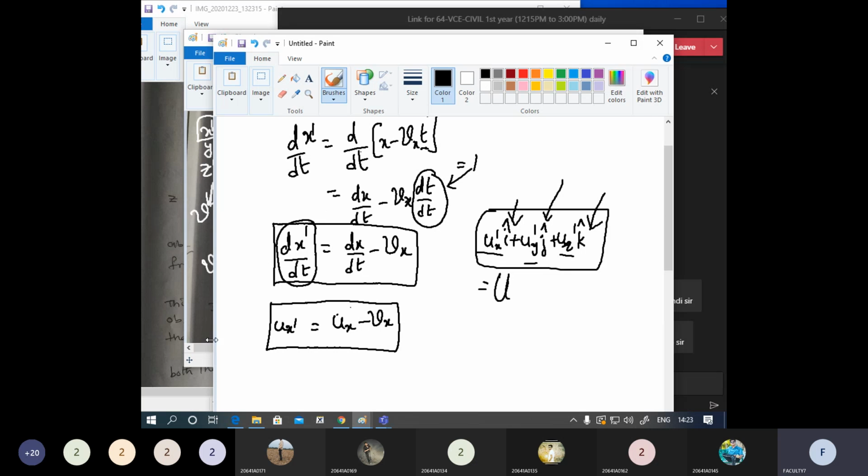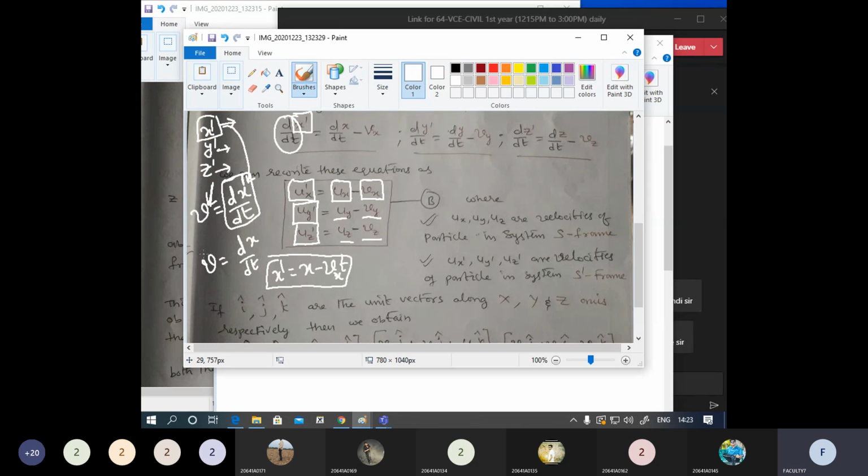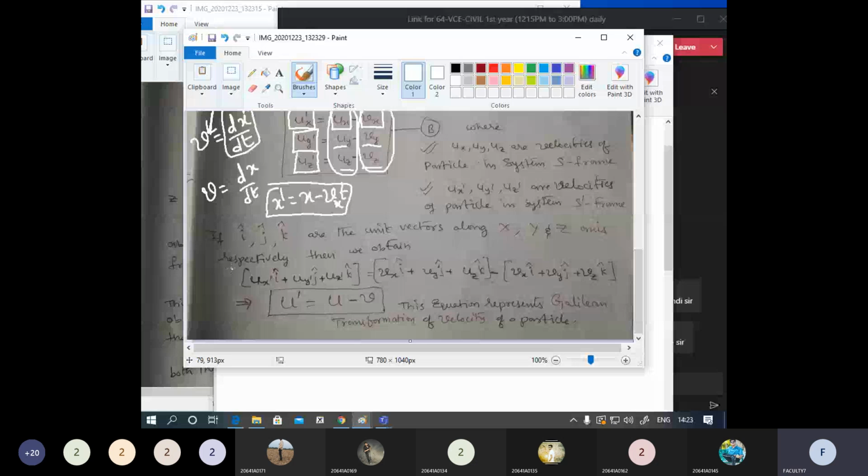Okay, now similarly, what we did here, we are going to add the factors regarding these three. Similarly, what we got here is the addition on the left hand side regarding the velocity.